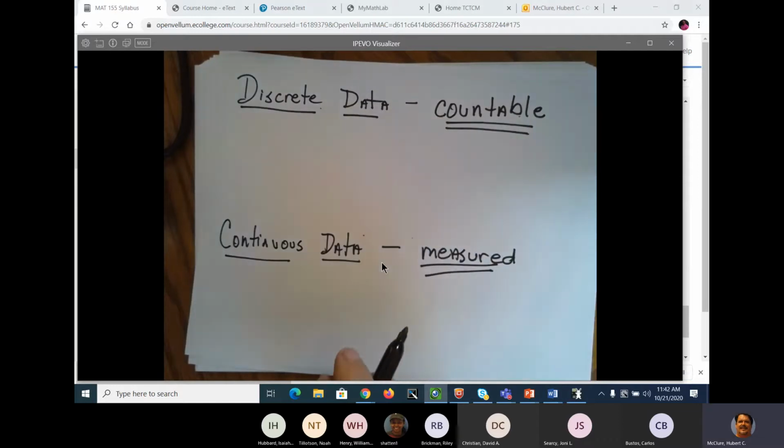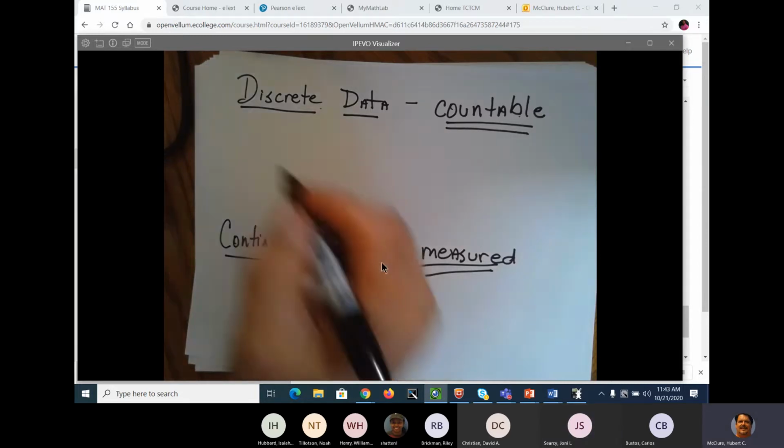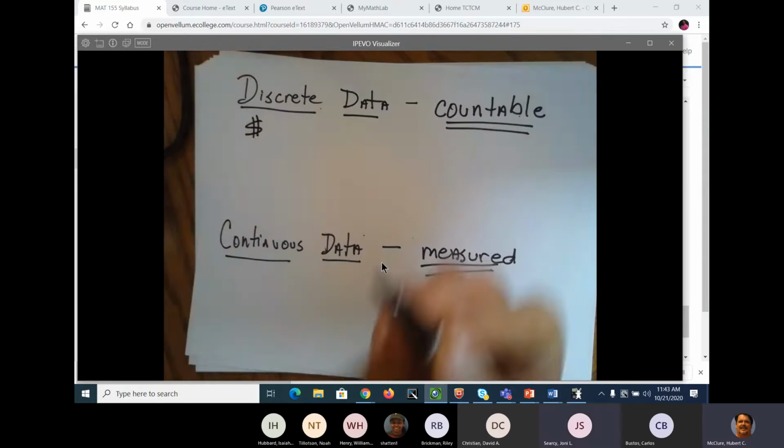So I want y'all to tell me something that's countable and something that's measurable. Let's go with countable first. Give me something out there in the real world that's countable. Money. Money is countable. What else?